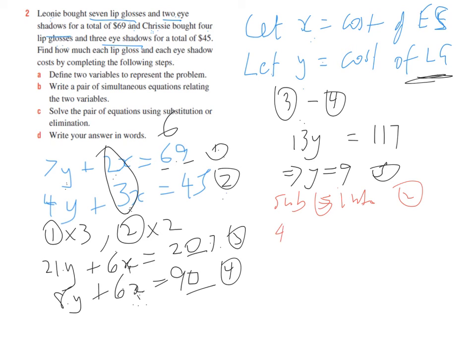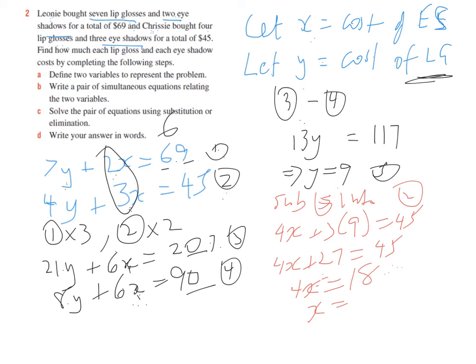So then we've got 4x plus 3 times 9 equals 45. 4x plus 27 equals 45. Remove this 27 by subtracting from both sides. So we'll have 4x equals 18. So x equals 18 over 4, which is also equal to 4.5.